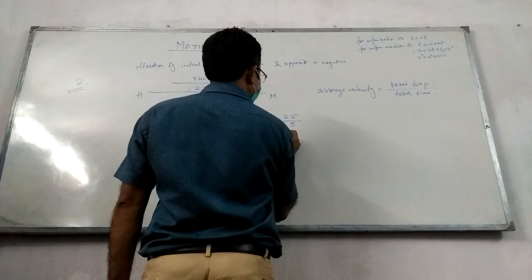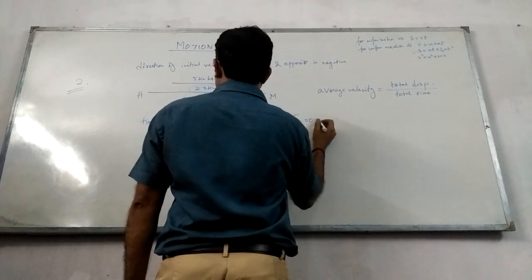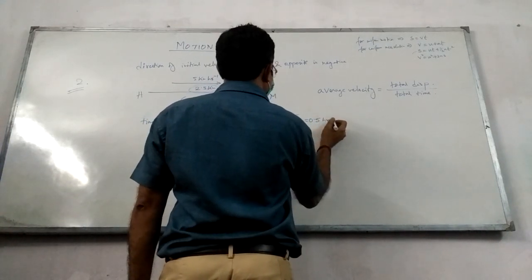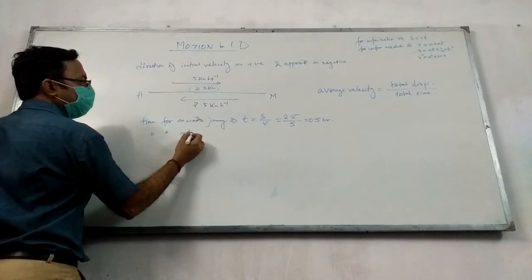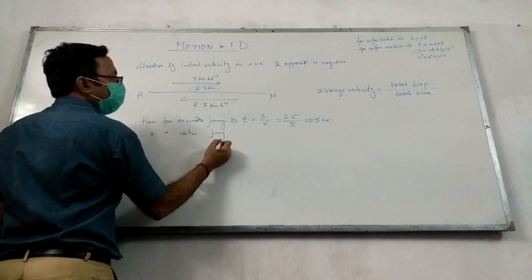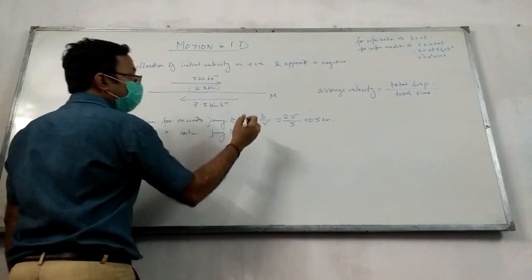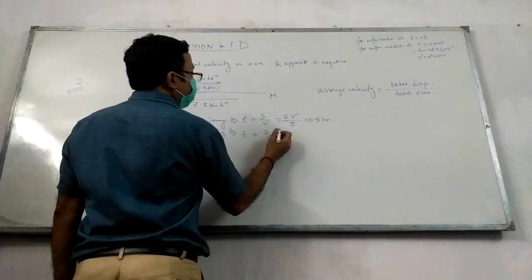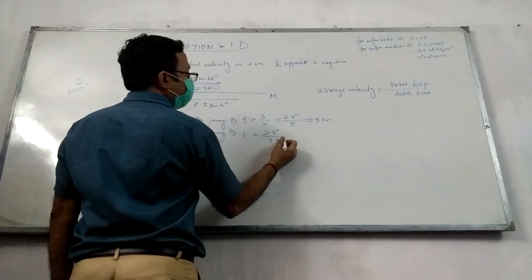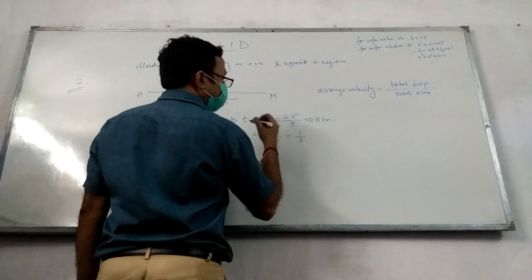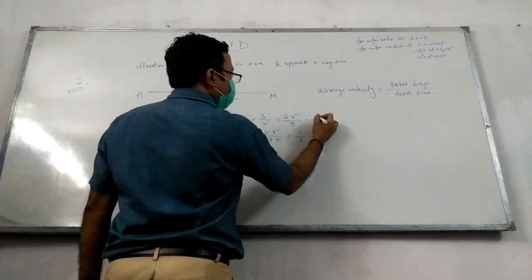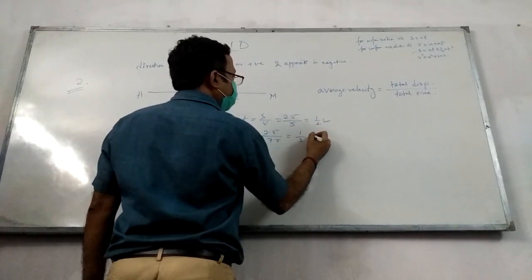So how much is it? 30 minutes. 0.5 hour, right? 30 minutes. And time for return journey, how much? T equal to 2.5 by 7.5, that is 1 by 3. Okay? This is half hour. This is 1 by 3.